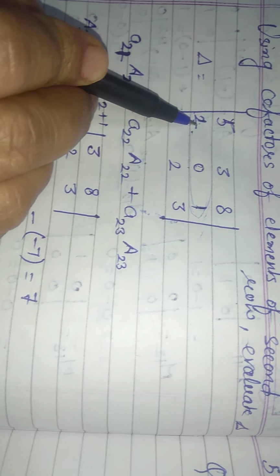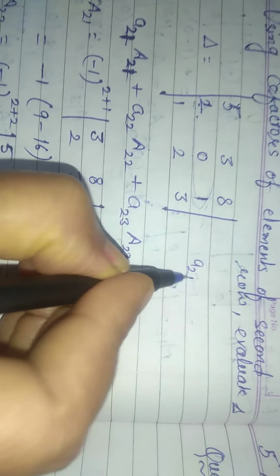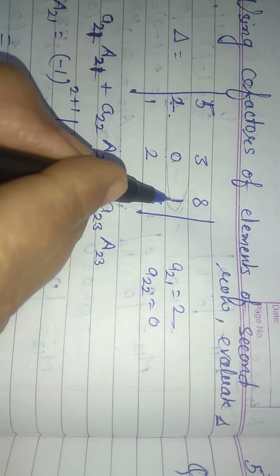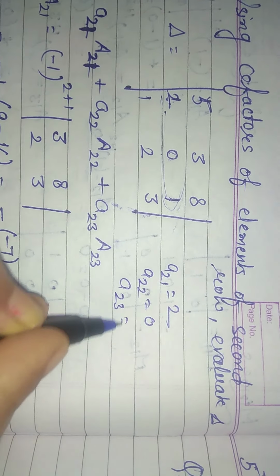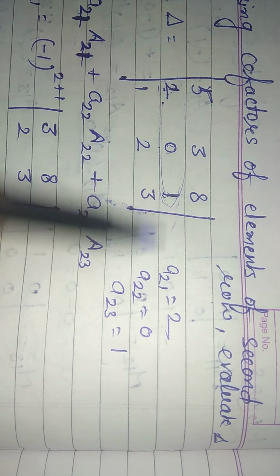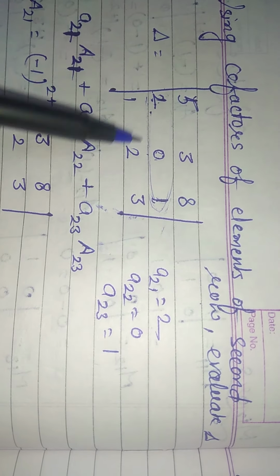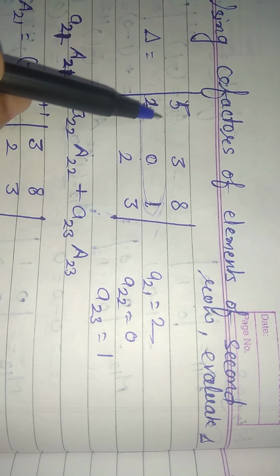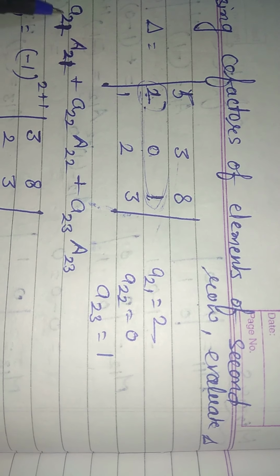This element is A21, this element is A22, and this element is A23. How will you find delta by using this row's elements?